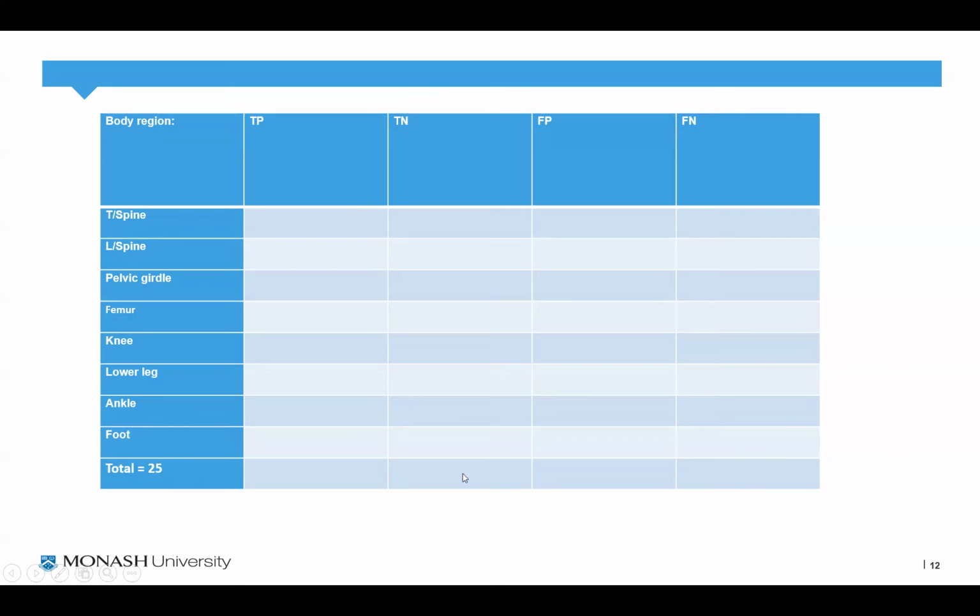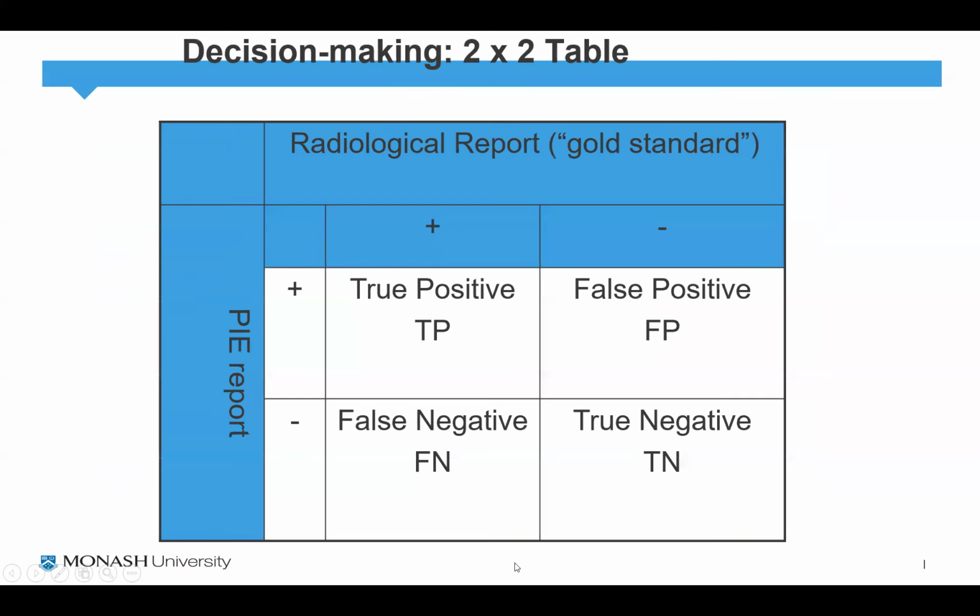When you add all of this up, your false negative, false positive, true negative, and true positive, this row here must also be equal to 25. This is the 2x2 table, and the PIE report is checked against the radiologist report, which is called the gold standard as well.